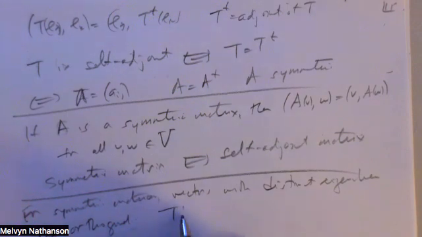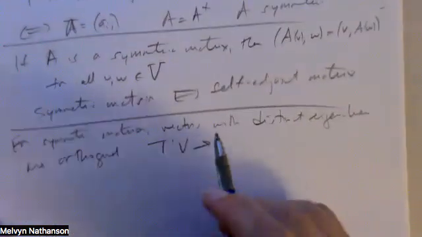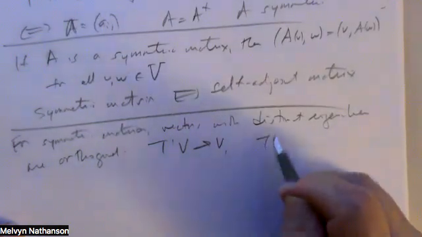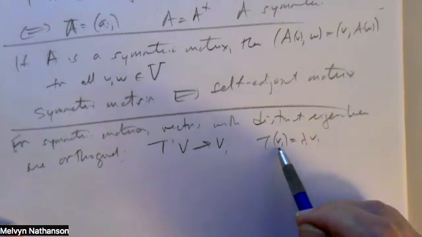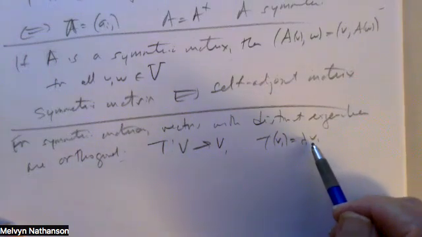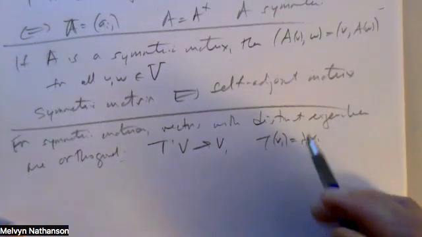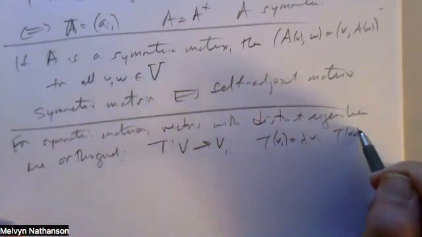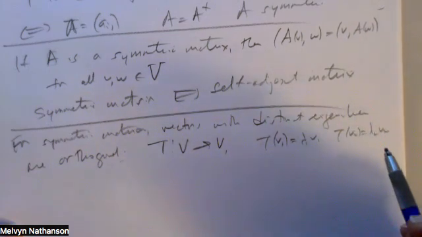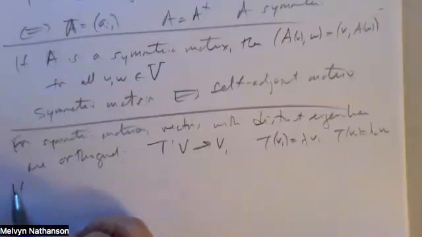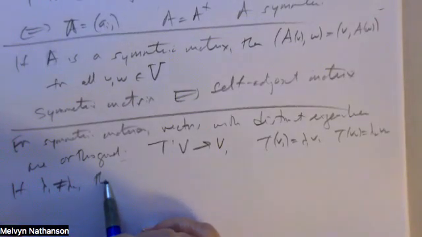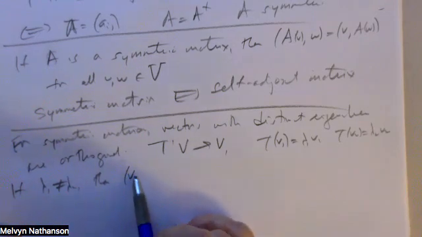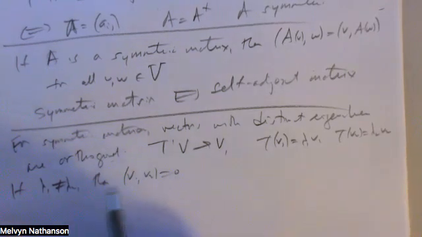Let us suppose T is a linear operator from V to V. T of V1 is lambda 1 V1, where V1 is a non-zero vector with eigenvalue lambda 1. T of V2 is lambda 2 V2. If lambda 1 is different from lambda 2, then the inner product of V1 and V2 is 0.